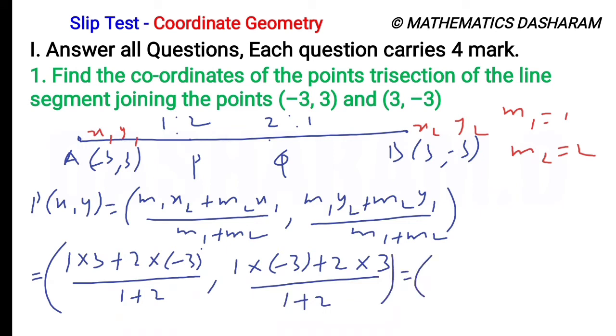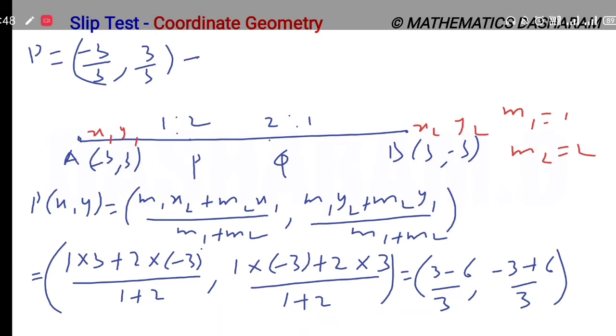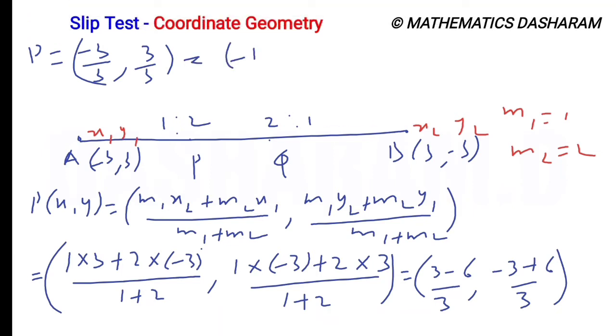So it equals 1 into 3 is 3, 2 into -3 is -6, so (3 - 6) by 3, comma, (-3 + 6) by 3. So point P equals -3 by 3, comma 3 by 3, which is (-1, 1). So the point P is (-1, 1).